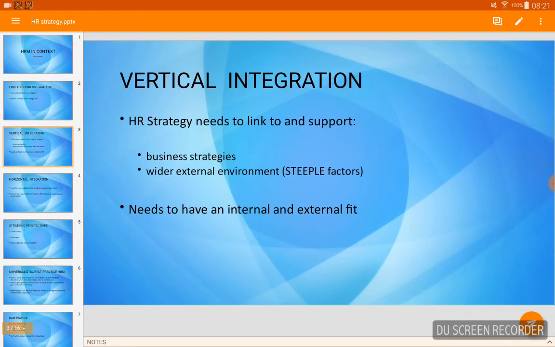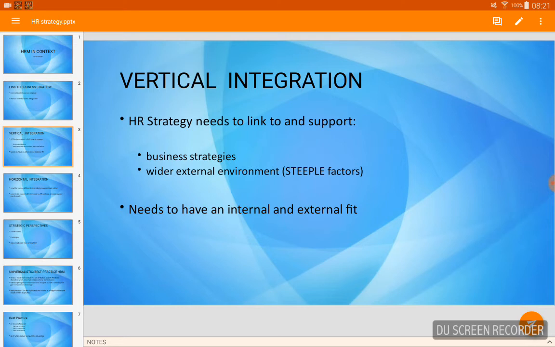So looking a little bit at vertical integration, first of all, as I said, it links to the business, but this will also help you to understand how the different things all fit together. The HR strategy not only needs to look at the business strategy, it should also be looking at the external environment, and that's where your STEEPLE factors come in.